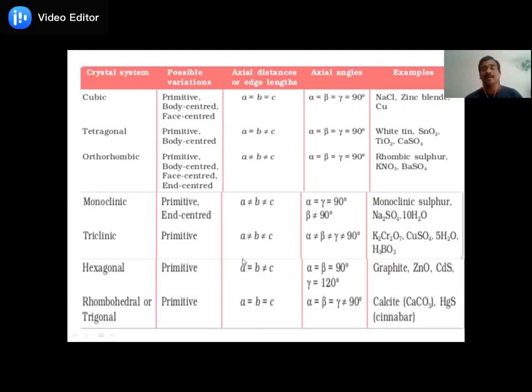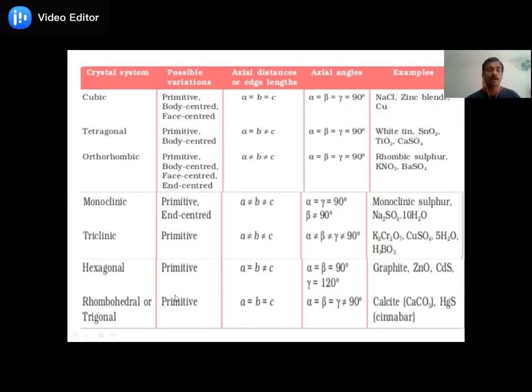So here A equal to B, not equal to C; the height will be different. Alpha and beta equal to 90, but gamma equal to 120 degrees. In a hexagon, when you measure the angle, it is 120 degrees. Graphite is an example. Zinc oxide is another example.